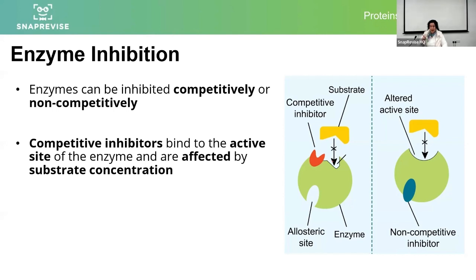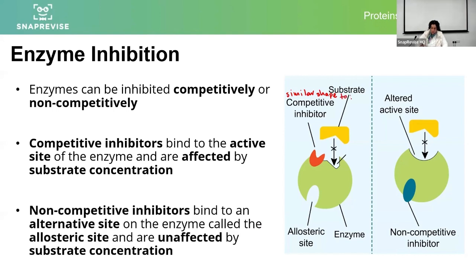It means that they will often have a similar shape to the substrate, right? Because otherwise, how could they bind to the active site if they don't have an at least partly complementary shape to the active site?